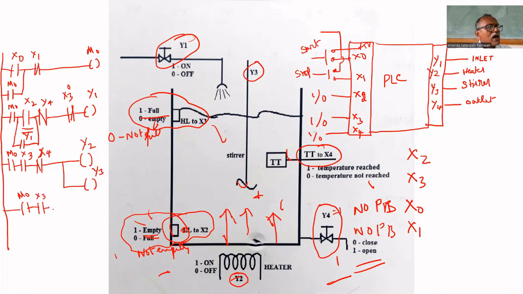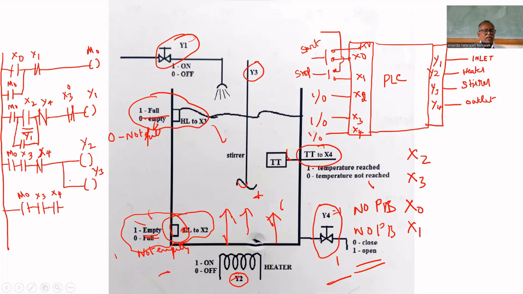Then X4, yes, let us use X4 also, it reaches the set point. But suppose the timer is 5 minutes and the temperature falls, what will happen to X4? It becomes 0, you know. That value will change. That's why if you put X4, that problem will come. Have you understood that point?